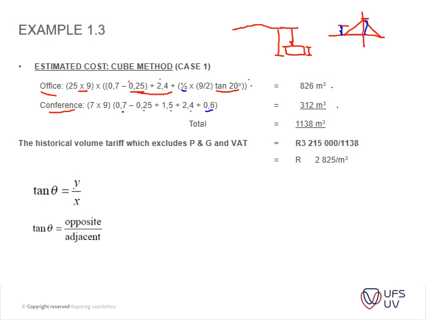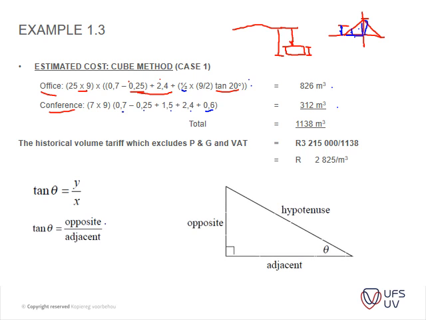If you want to calculate your height, which is there, what you've got is your opposite over your adjacent. So you've got this distance and your angle there, and you want to calculate your opposite on that side.